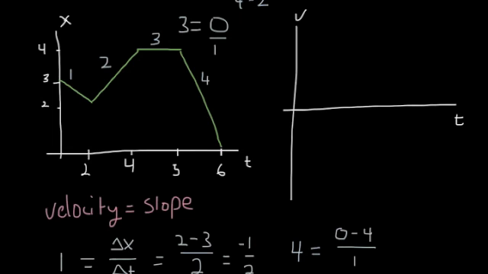I'm just doing the math in my head. So that is going to be negative 4. Okay, awesome. So now we have all of our velocities. We've got negative 4, negative 1/2, 1, and 0. Those are a little out of order, but we'll go with it.